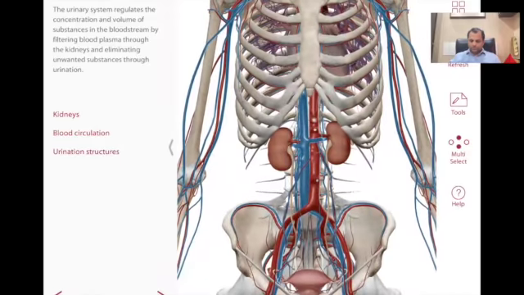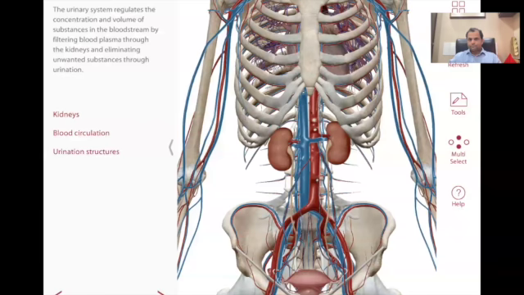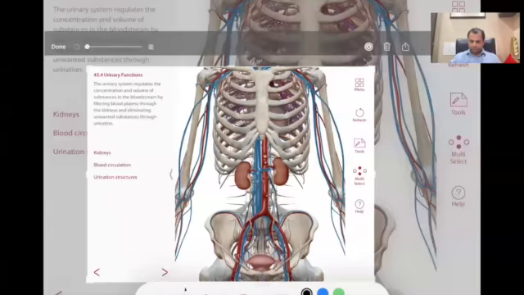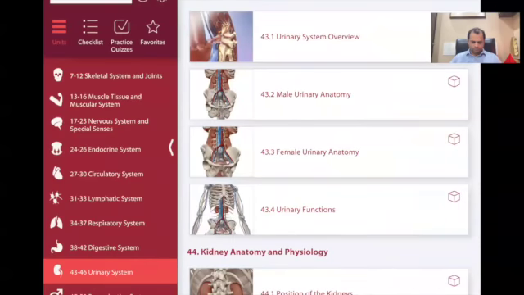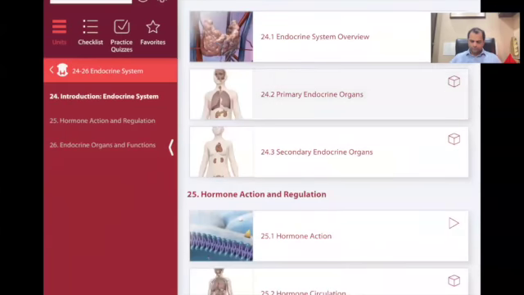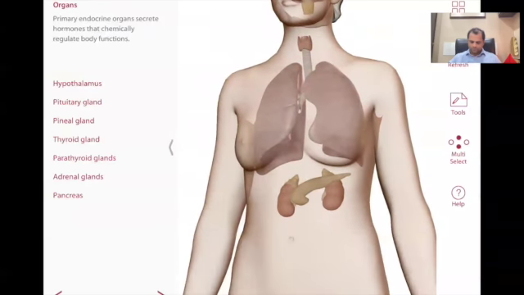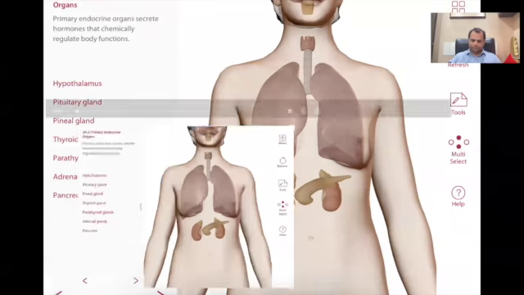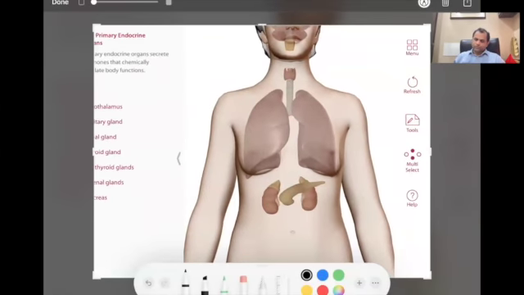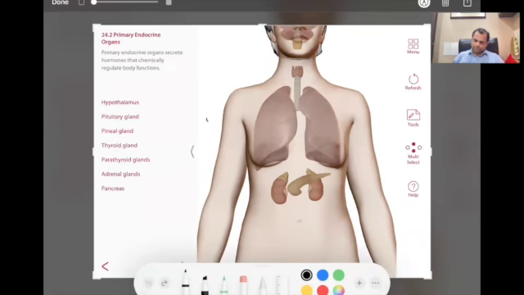So look at this image. So this is the upper part.